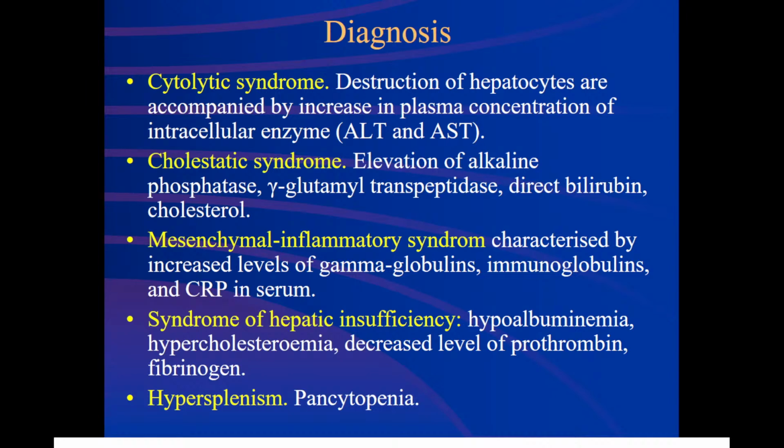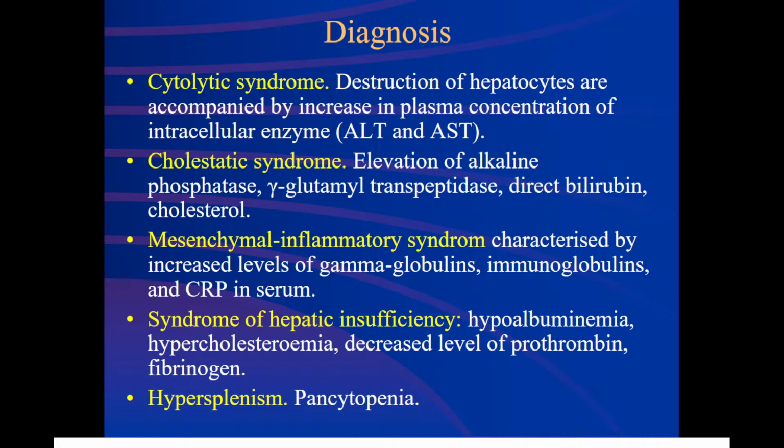How to confirm the diagnosis? You see, especially for hepatitis, clinical features are non-specific, and as a rule it is difficult to make a proper diagnosis. So you have to do analyses, first of all laboratory analysis, for proper diagnosis. First of all, we have to check the function of liver cells. Their damage will lead to cytolytic syndrome.